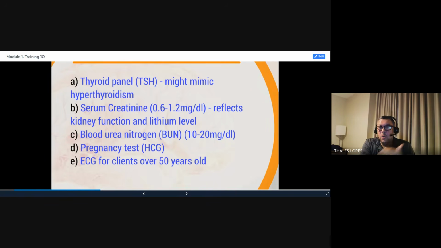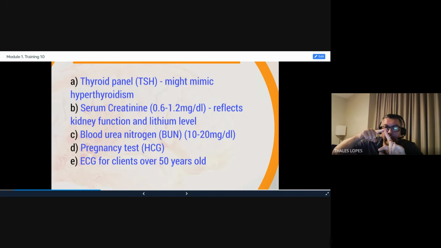But when you have someone whose TSH indicates hyperthyroidism, it could mimic mania-like symptoms. So the 2 points that I'm trying to make: hypothyroidism is a side effect of lithium.